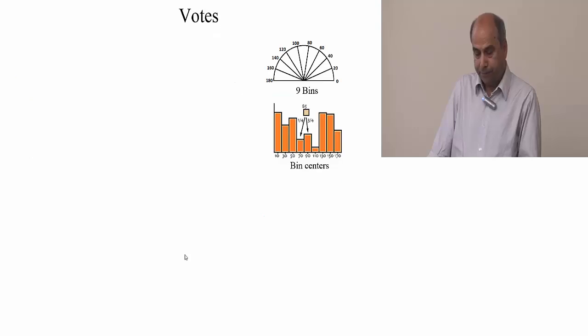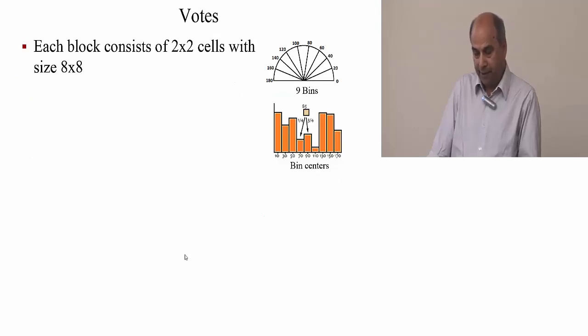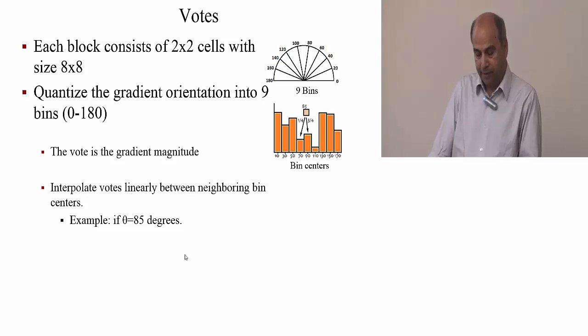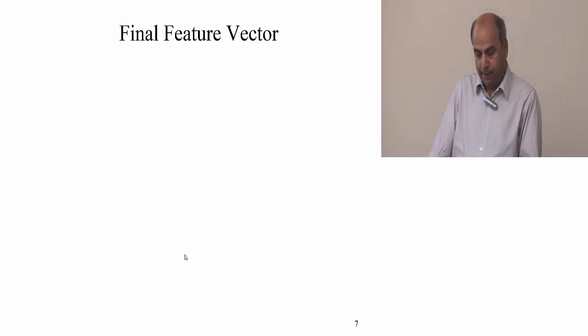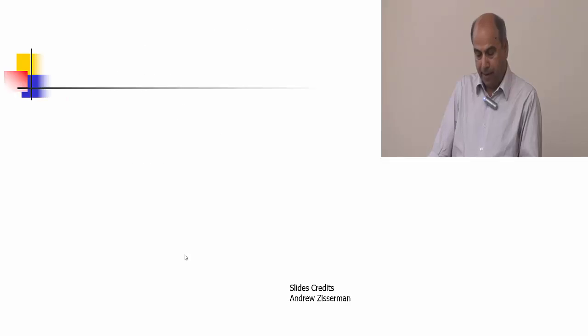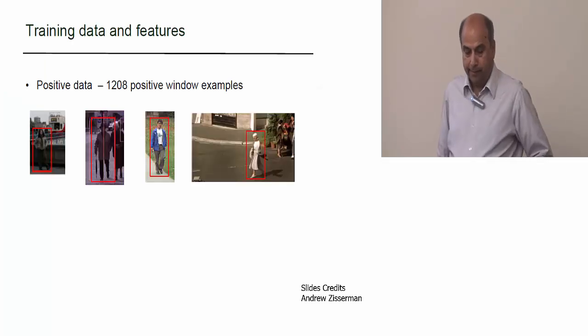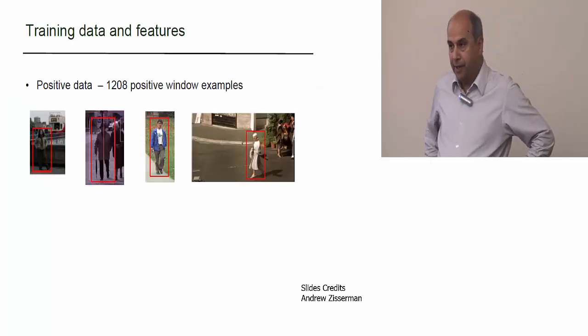We look at the gradient orientation, divide it into 9 bins, and get a histogram. All these things you already know, and we have done this many times. The main thing we are going to do here is talk about how we learn this classifier. You will do this on the dataset in your program.